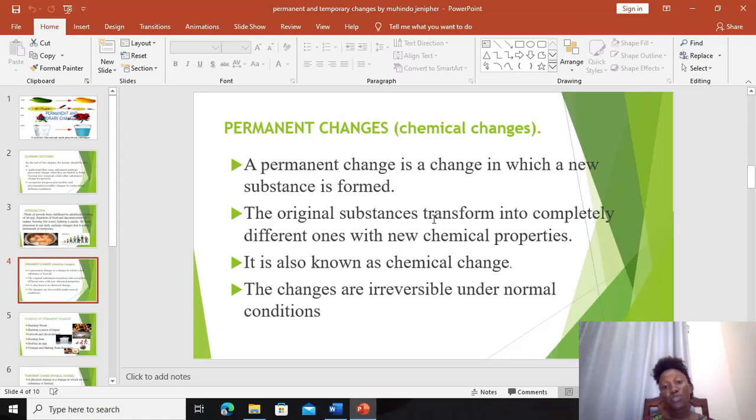It is also known as a chemical change, and the changes are irreversible under normal conditions, meaning that once a product is formed, it cannot go back to its original form. So the change becomes permanent.